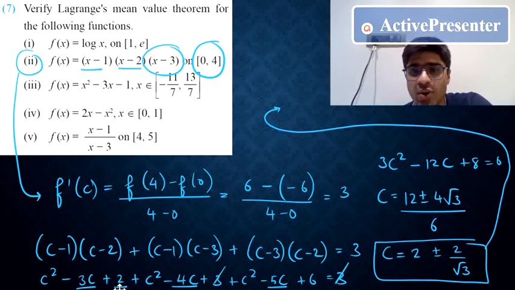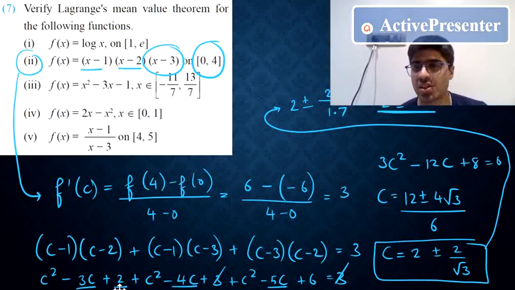So 2 plus 2 by root 3. 2 by root 3 is 2 upon 1.732, and let's approximately take that as 1.7 so that we can get some approximate value for C. So that's 2 plus minus 2 upon 1.7, that's like 20 upon 17, which is approximately 1.2, a little lesser than that, but 1.2 approximately.